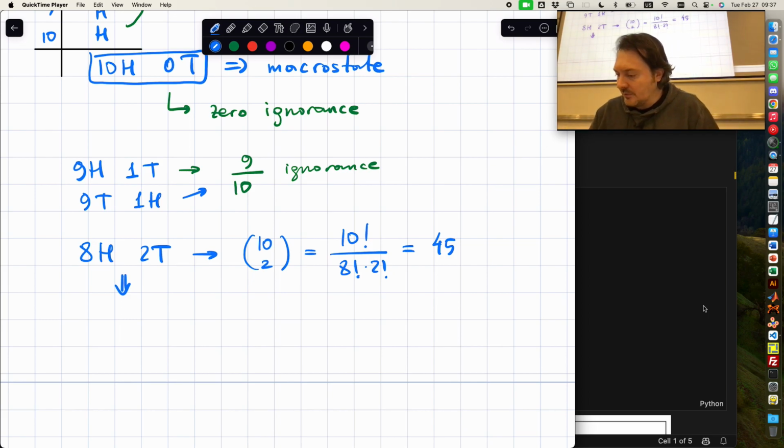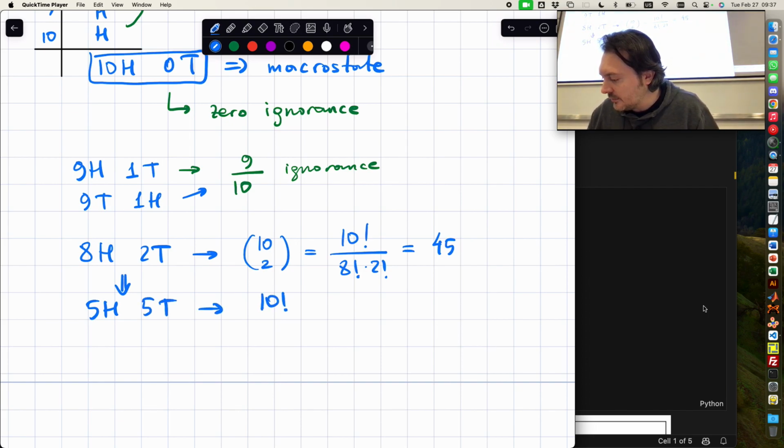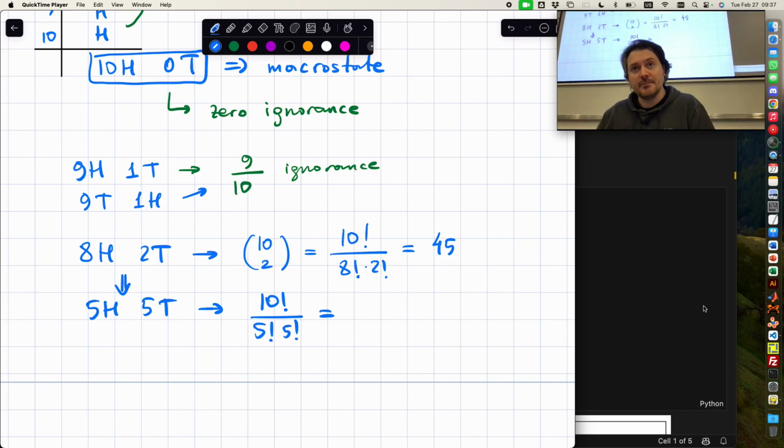Okay? So if it's 5 heads, 5 tails, then I have 10 factorial over 5 factorial, 5 factorial. What is this? Are you going to calculate? Yes. Yes, just let me know if it's 252 or not. Okay?